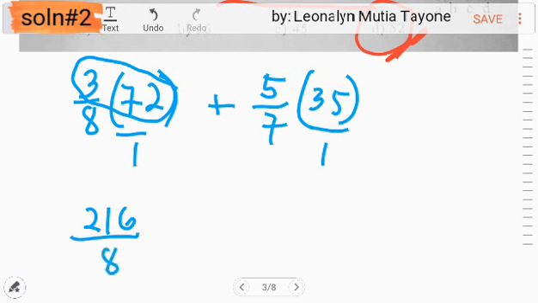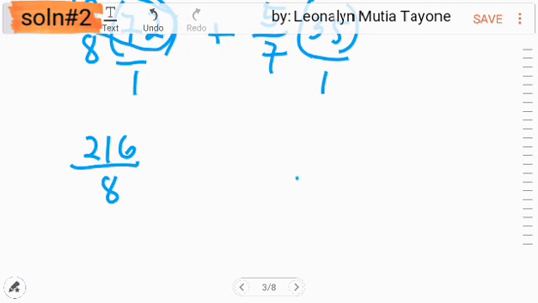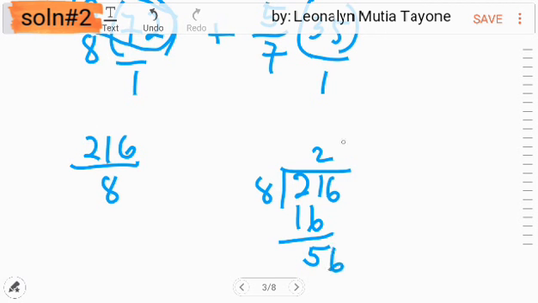Over 8. 216 divided by 8. Isa-isahin natin para makita ninyo. Divided by 8, it is 27.